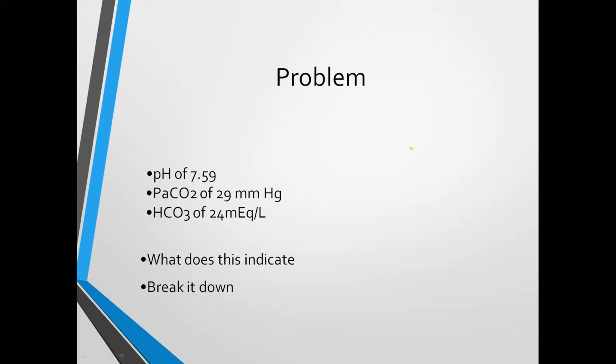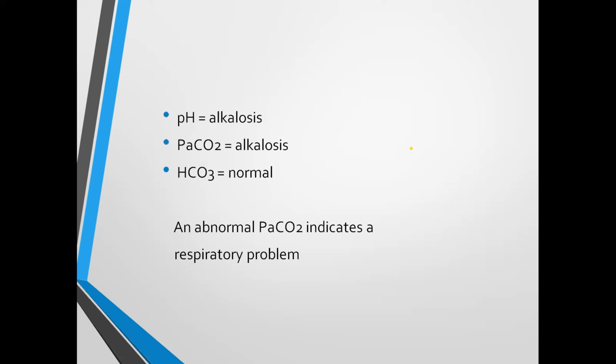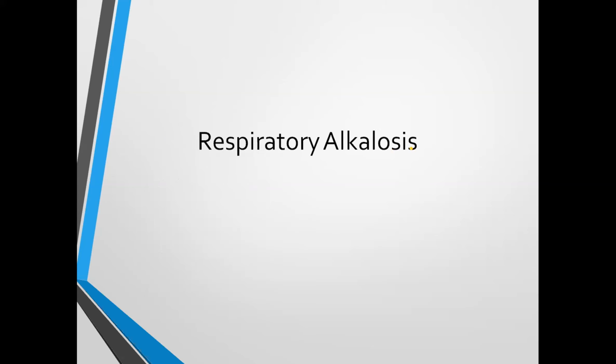PCO2 is 29, which is also reduced from its normal range of 35 to 45. Bicarb is 24, which is in the normal range. So this is respiratory alkalosis.